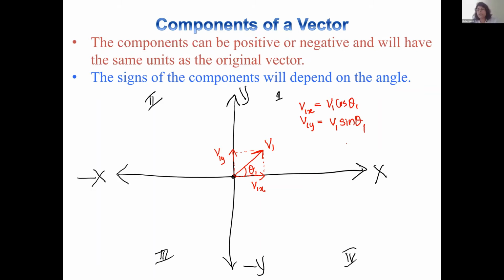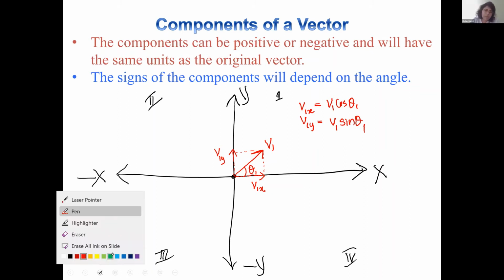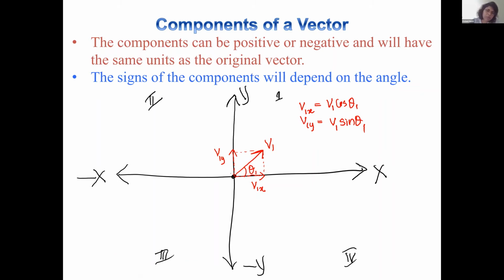If your vector is in the first quadrant, according to the given angle, you will be able to write that. Now let's say I have a vector in the second quadrant, somewhere here, and I'm going to label it V2. Now you complete your parallelogram. This distance is V2y, and the distance in the negative x direction is V2x, and I'm given the angle theta2 here.